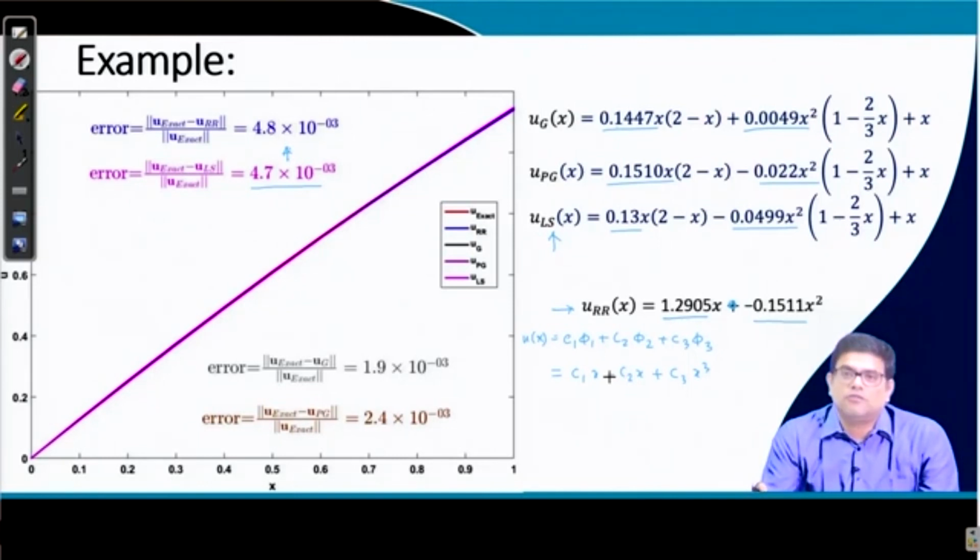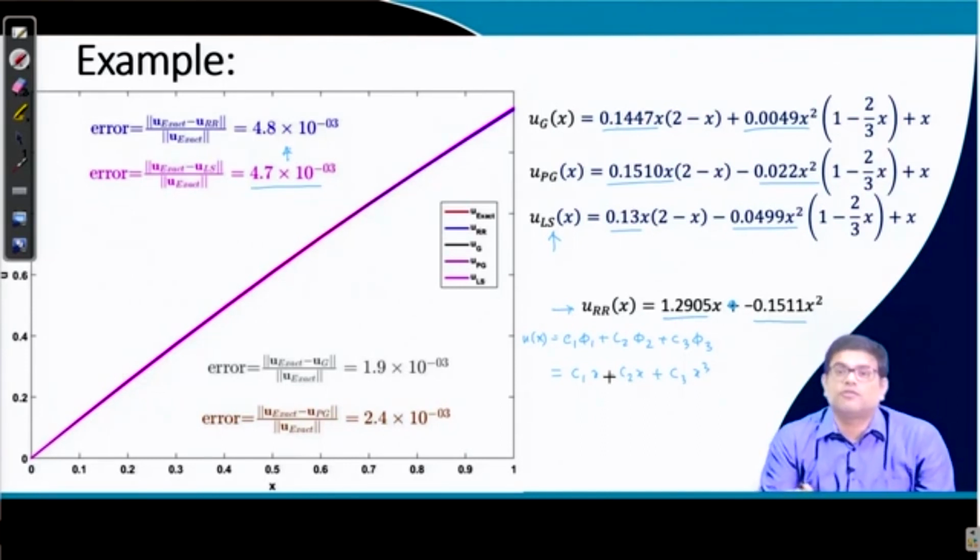For instance, if the boundary condition is complicated, or if the geometry is complicated, then choosing such functions is very difficult. It is not possible at all. So we have to bring it down to such a level that in such cases we can also approximate it, and this is the foundation for those approximating procedures.